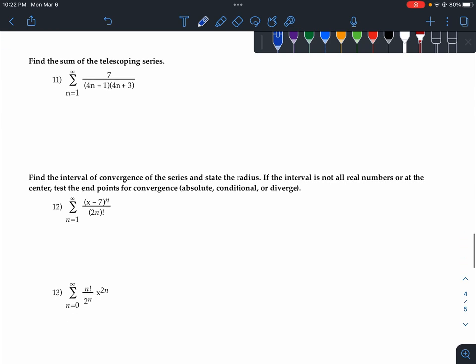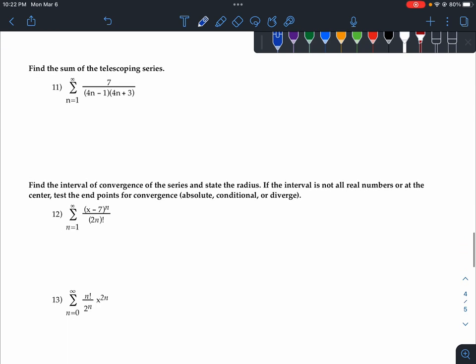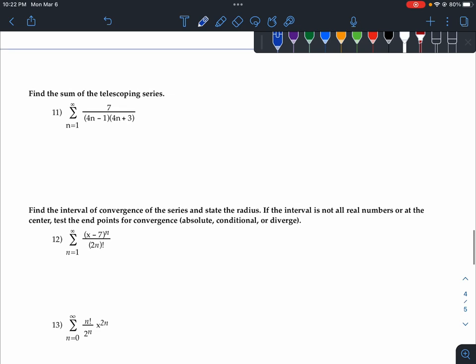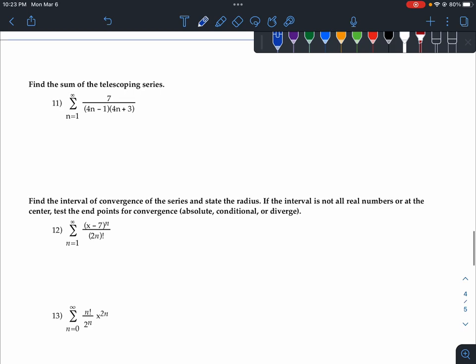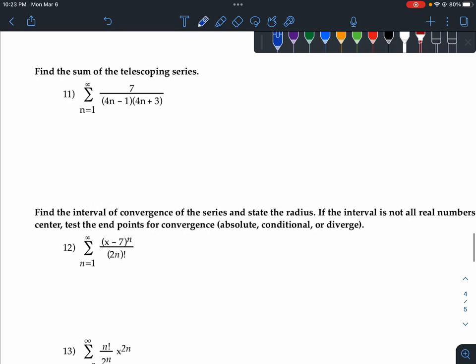All right, telescoping series. So for this one right here, you're probably going to want to use partial fraction decomposition. Do you always have to use it? No. But for the sake of the test, I'll probably just make it so you do.